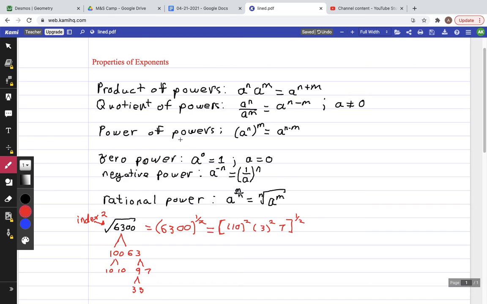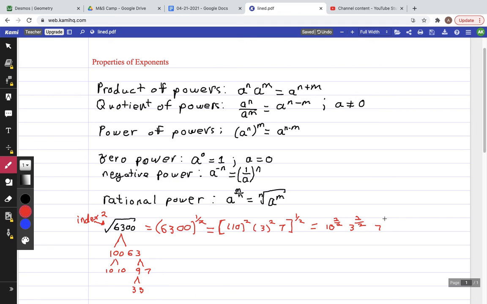Now, the power of powers says that I can distribute this 1/2 in. So that means that we have 10 to the 2 divided by 2. Yes, I know that it's 1, but we're writing it out this particular time, 2 divided by 2.